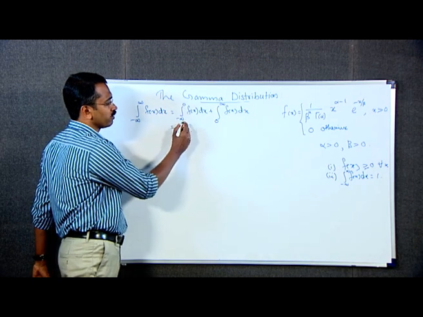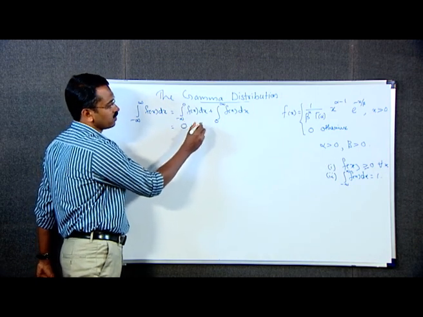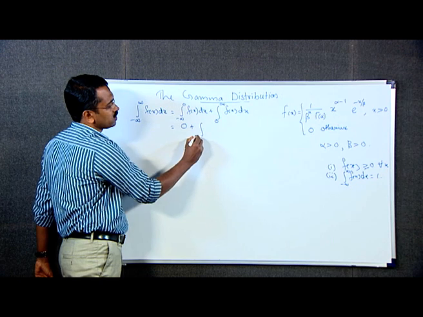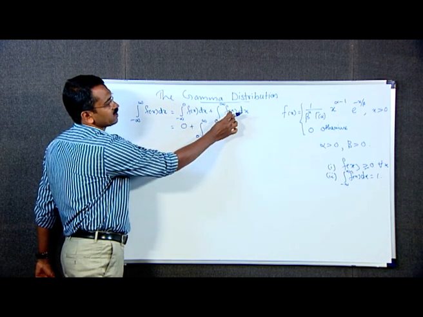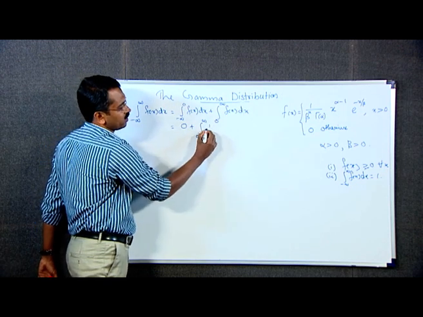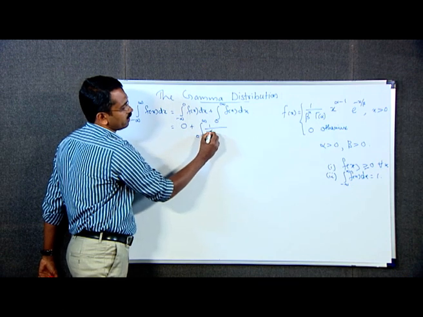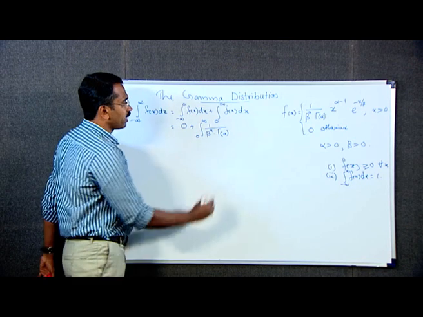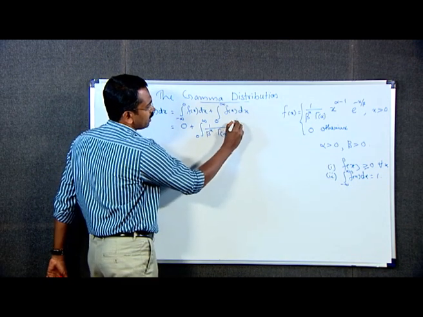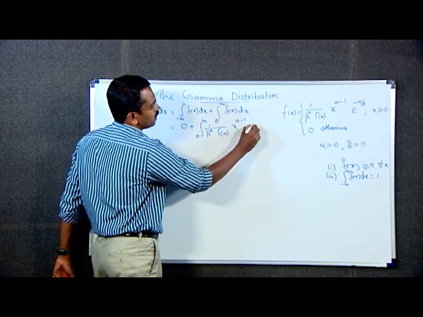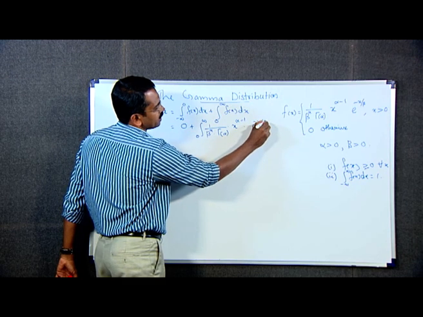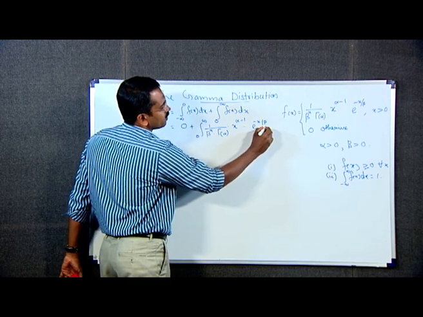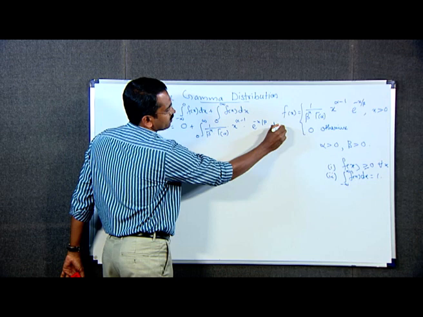Therefore, this integral will become 0 plus the integral from 0 to infinity of 1/(β^α Γ(α)) x^(α−1) e^(−x/β) dx.